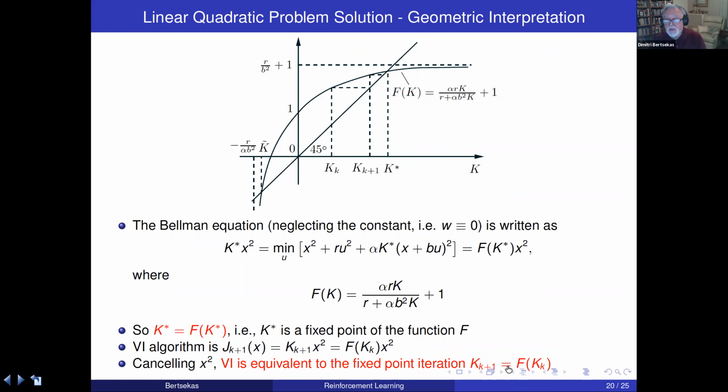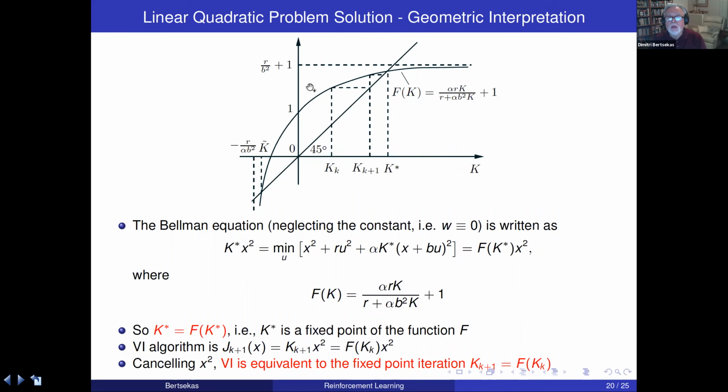Value iteration iterates from K0 to K1 and then to K2 and so on according to this. So at the typical step, you start out at some iterate, the kth iterate, and you have to generate the new iterate. How do you do this? Well, you go up here and then you go horizontally to this point.